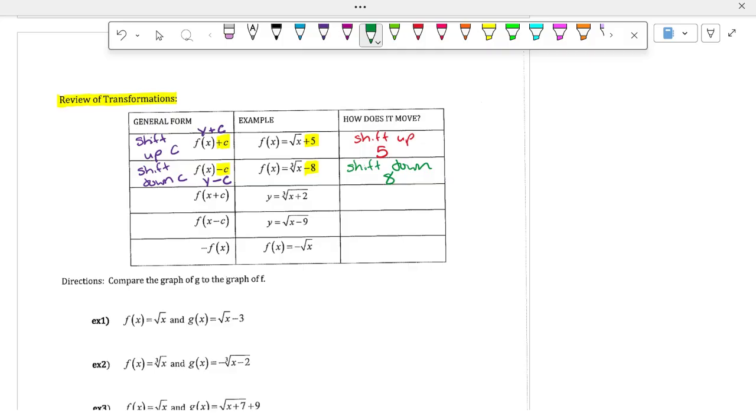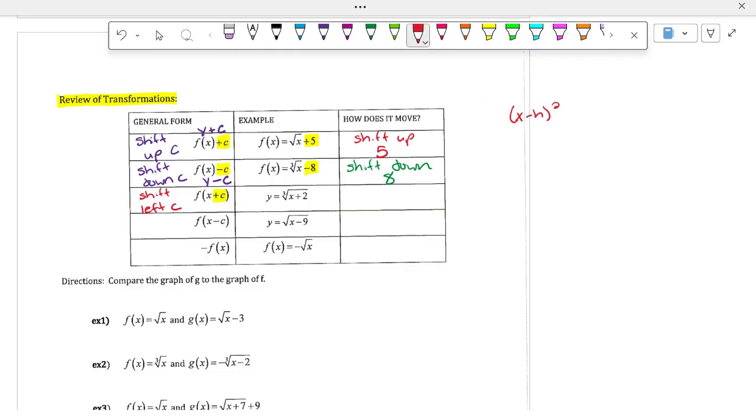Now, these next two are a little bit weird, but if it's under the radical, or inside, it's affecting x. All right. Now, plus c is actually shift left c. It's the opposite of what you normally think. It's kind of similar to, do you guys remember when we did vertex form of a quadratic?